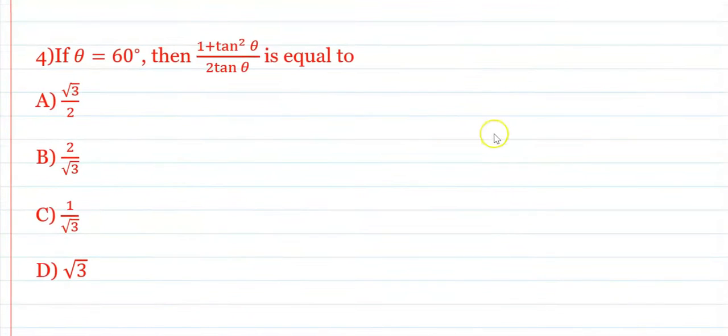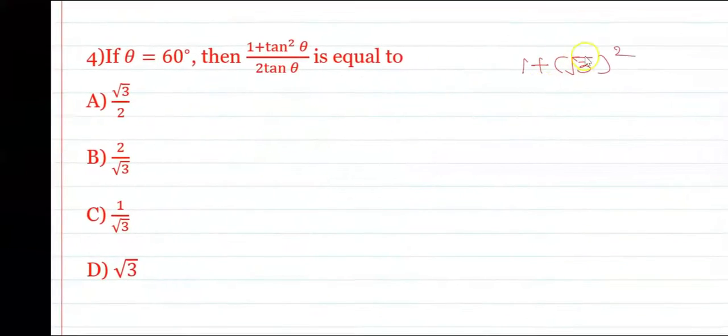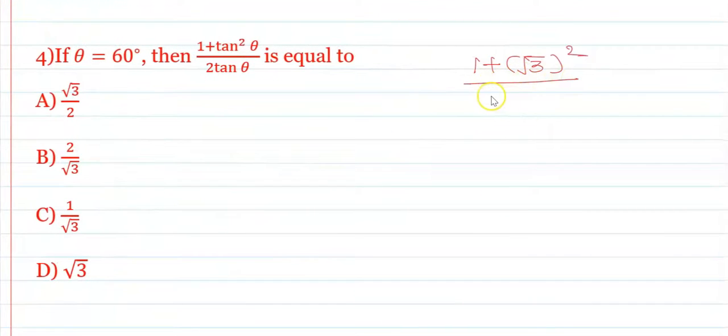Now the next. Theta is equals to 60, then 1 plus tan square theta upon 2 times tan theta. We need to substitute the value. What is the value of tan 60? Tan 60 is root 3. Therefore if we substitute the value root 3, it is 1 plus root 3 in bracket square upon 2 times root 3.